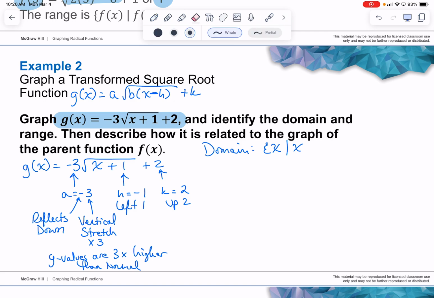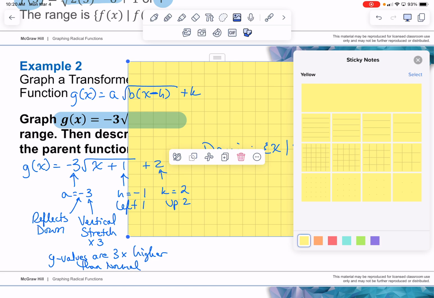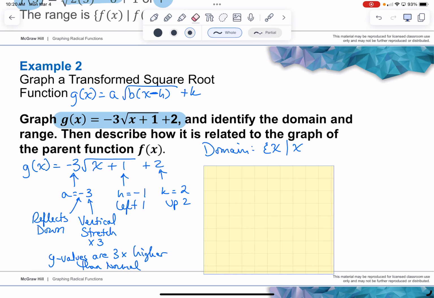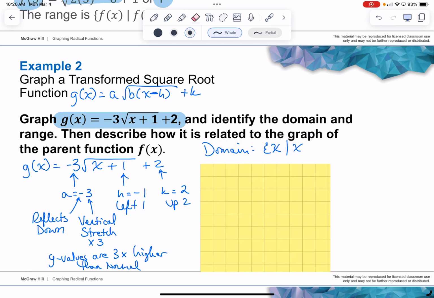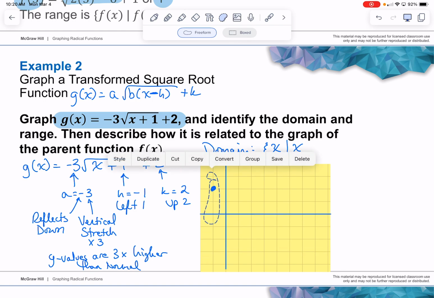maybe not. Let's take a look at this graph. I should have left room for this graph. So we're going left 1 and up 2. I'm going to put this here. So that's negative 1 comma 2, right? Actually, I think I want to move this up a little bit. There we go.